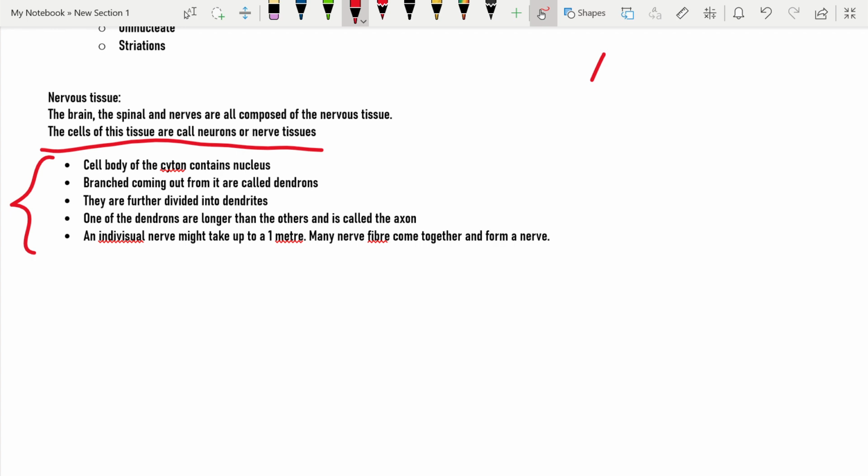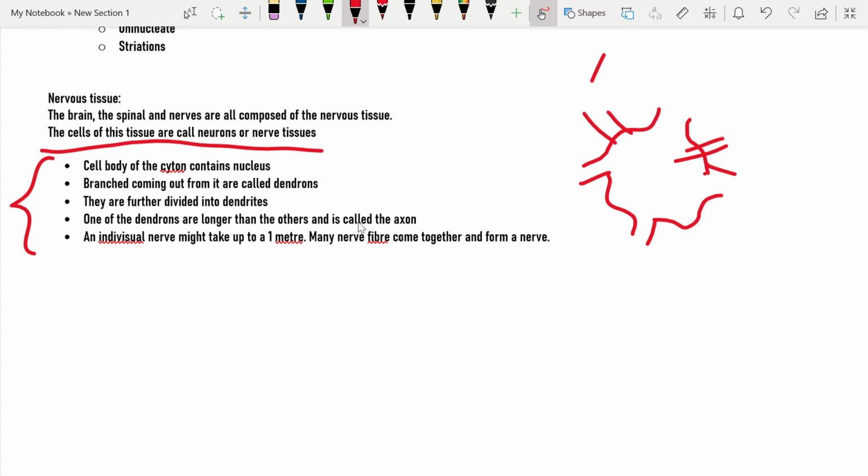So let's make this like that. I'll tell you why I'm making these little things in just a second. Let's make more of these. Now, branches coming out from it are called dendrons.